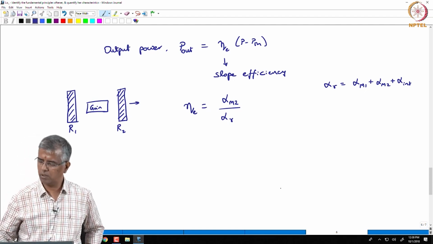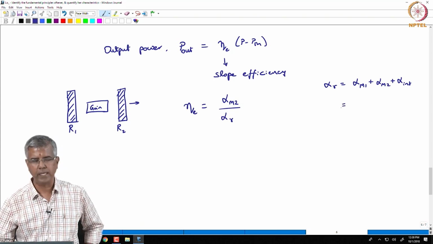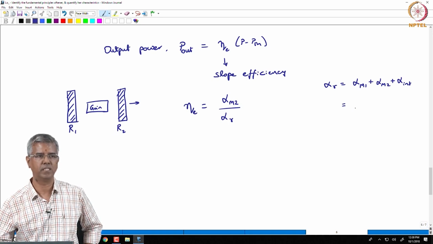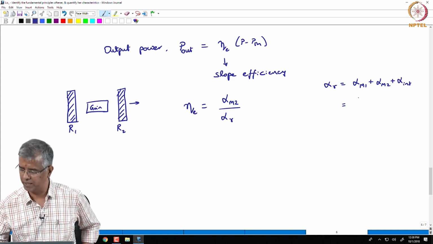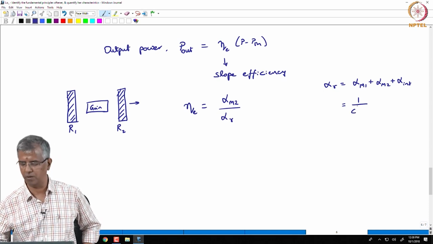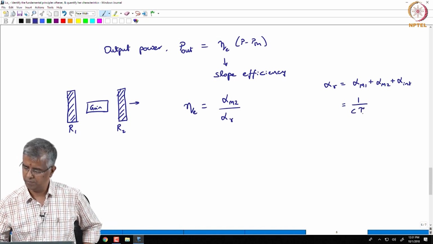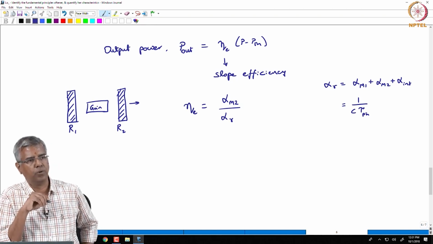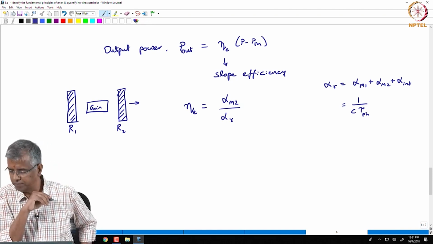Now, overall loss we said is inversely proportional to what? We talked about the average photon lifetime inside the cavity. We said it is inversely proportional to the average photon lifetime, and alpha r is given by 1 over c multiplied by tau photon, where c is the speed of light in vacuum and tau photon is the average photon lifetime.